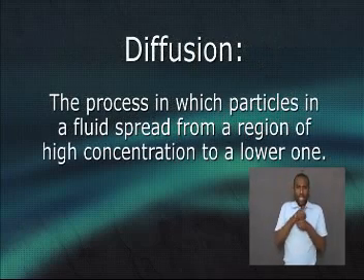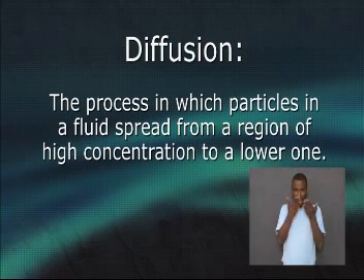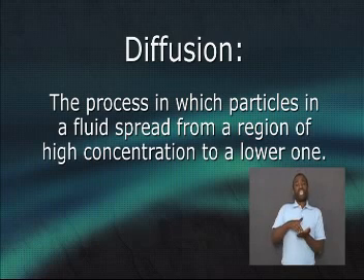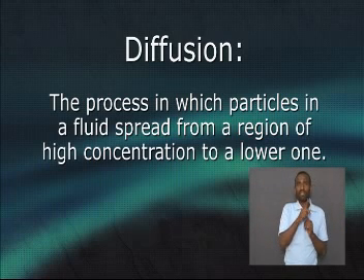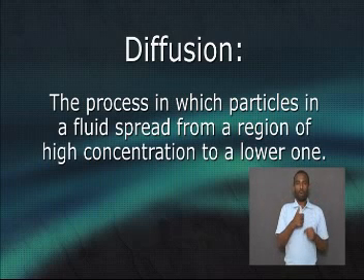Diffusion is the process in which particles in a fluid spread from an area of high concentration to a lower one. An example of this could be the use of food coloring in water. Another example might be observed by spraying perfume.